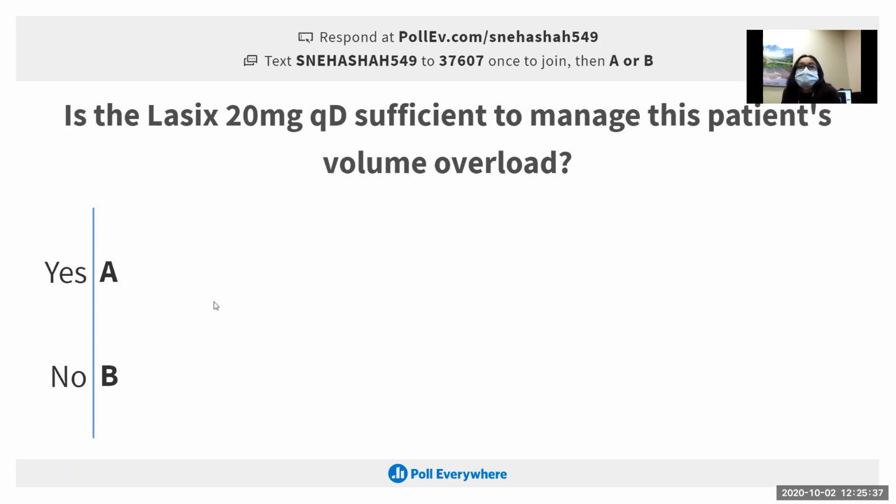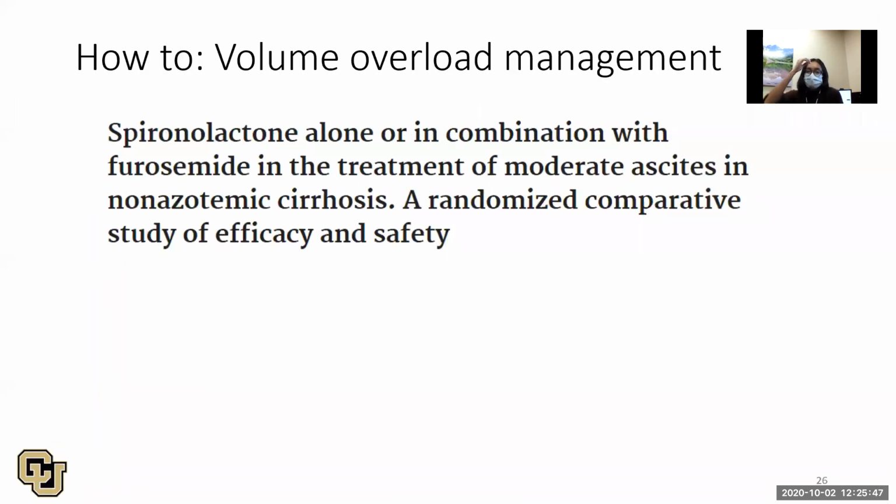There's, I forget the ratio, but Lasix to spironolactone. Yeah, nice. So for those of you who didn't hear that, typically to treat volume overload in cirrhosis, we use this Lasix and spironolactone combo in a ratio. So I looked into this and I asked myself, why do we use these two medicines?